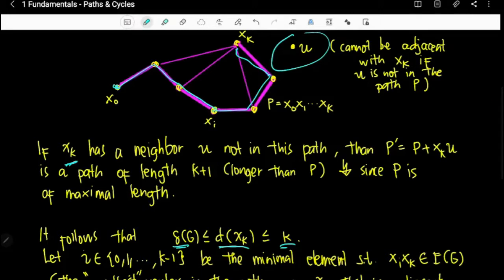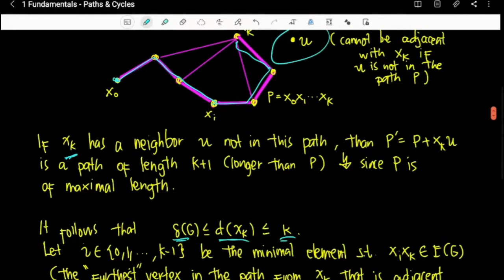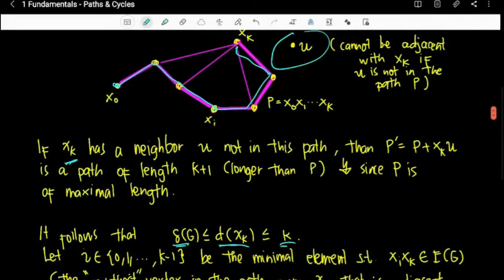Kung lahat ng nasa path ay neighbor ni xk, then the number of edges in the path is the same as the degree of xk. So, yung number of incidents ni xk, laging, ito theorem to theorem yan from last lesson. Siyempre, minimum na to. Ito na yung pinakamaliit eh. E di kahit anong vertex, ang degree nun, laging greater than or equal to the minimum.